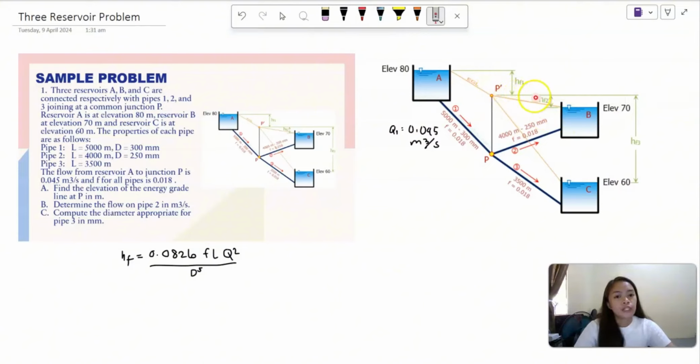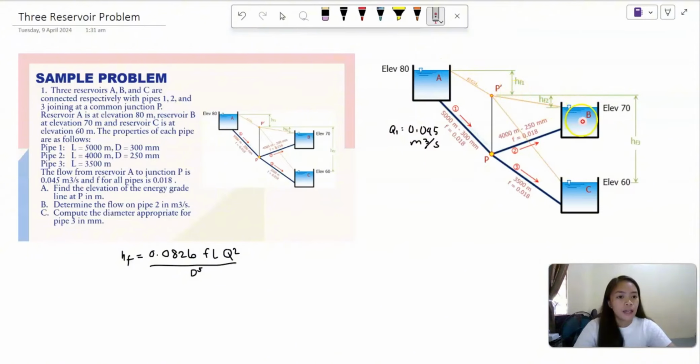In order for us to get the head loss in reservoir A, it is from the water surface of reservoir A up to the junction P prime.